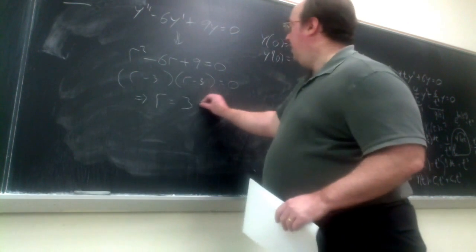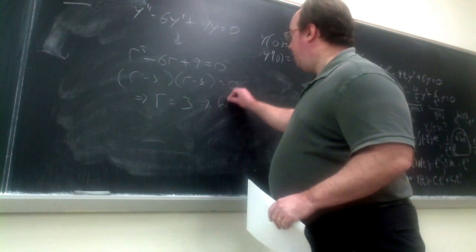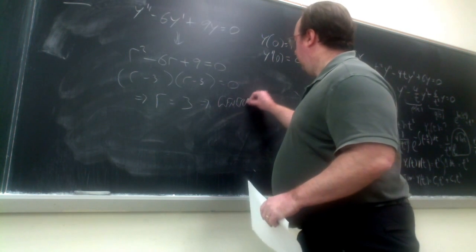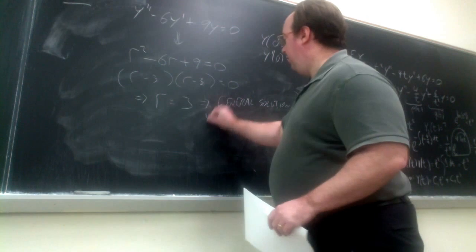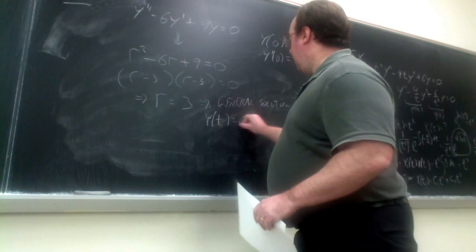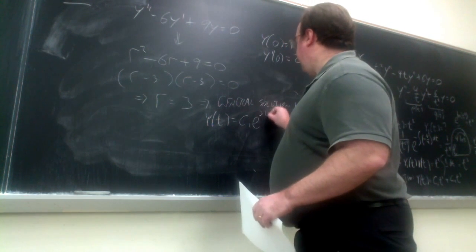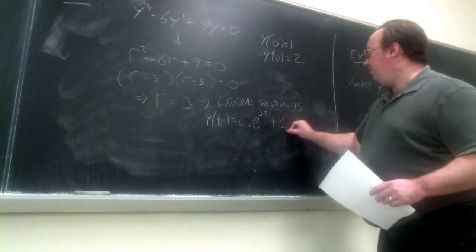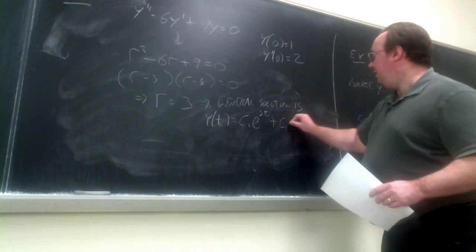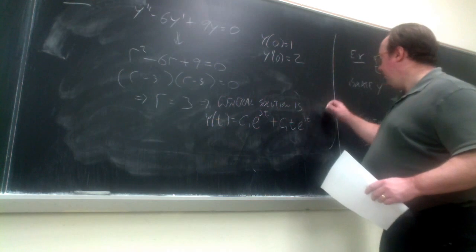So your general solution is a constant c1 e to the 3t, like you normally get for real roots, plus c2 t e to the 3t.